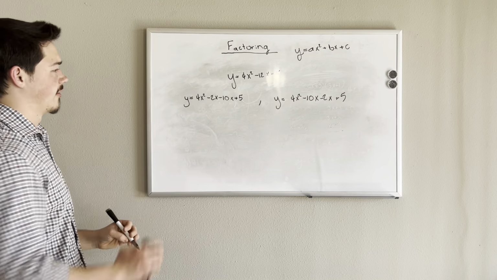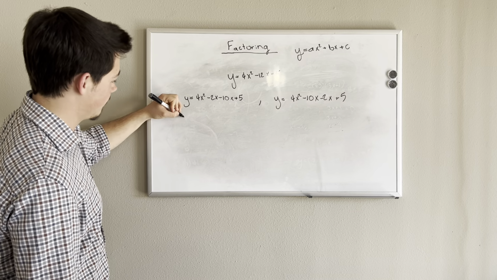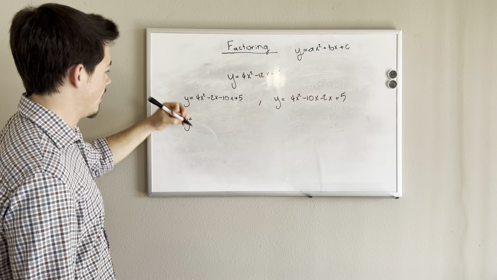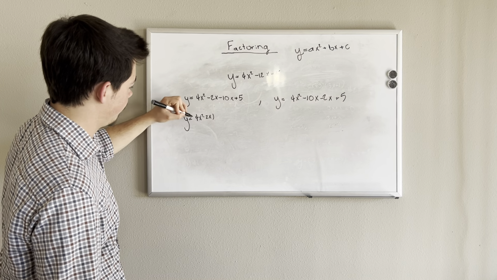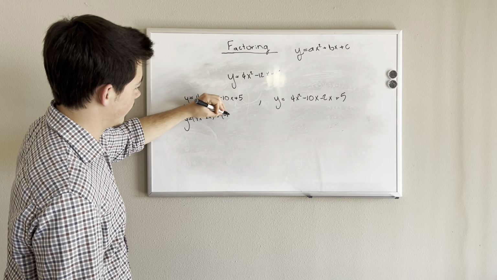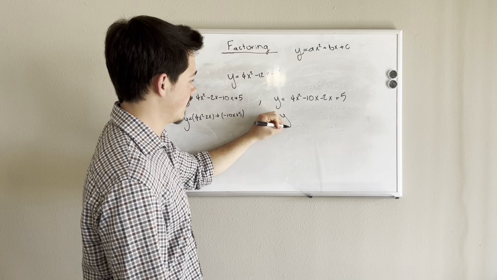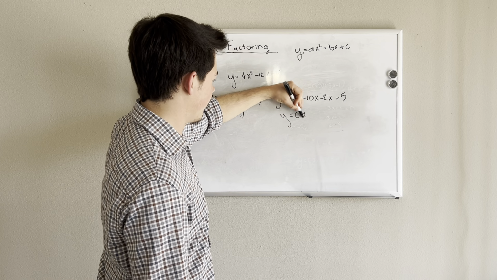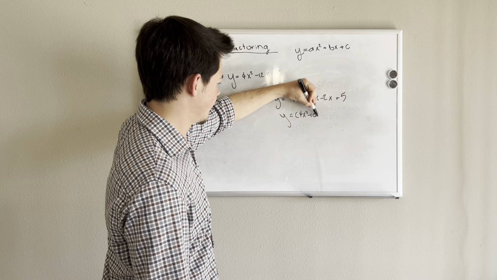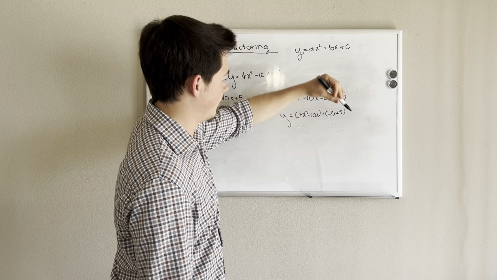So now we're going to group this into 2 terms. We'll have 4x squared minus 2x plus negative 10x plus 5. And in this equation, they're equal to each other, but in a different order: 4x squared minus 10x plus negative 2x plus 5.